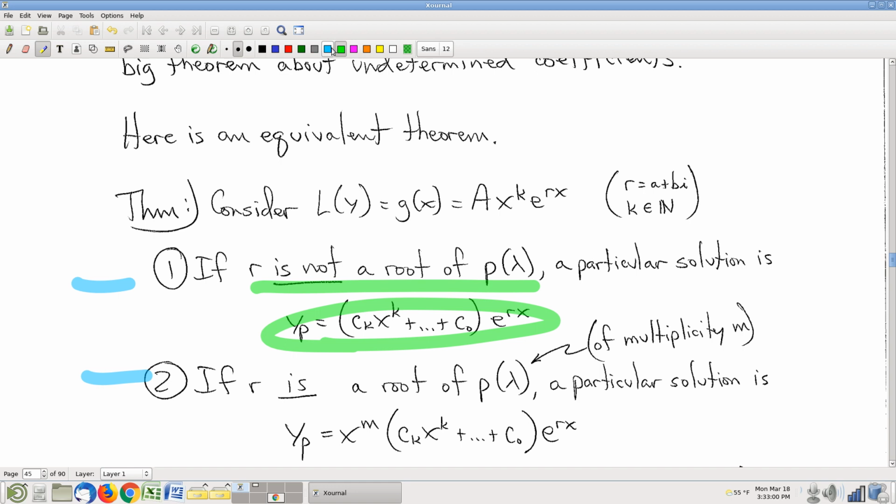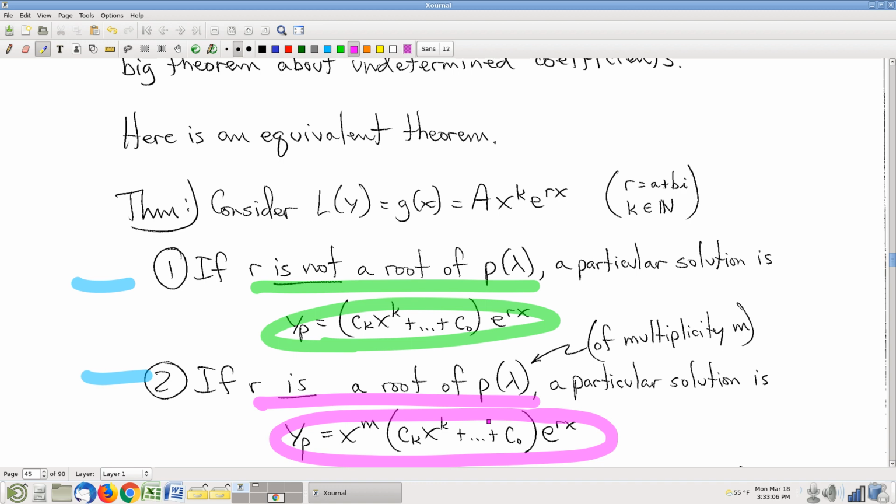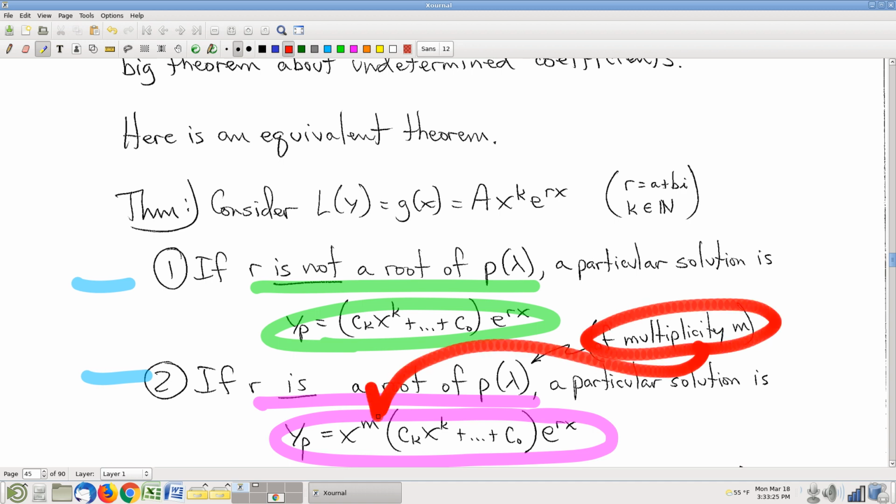And on the other hand, if r is a root, then here is a modified guess. We have the unfortunate coincidence. Then we multiply our naive guess times this magic fix-it factor of x to the m, where don't forget the multiplicity is what tells you how many factors of x to multiply by.